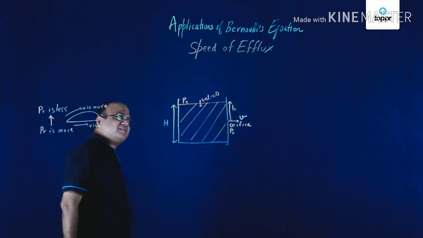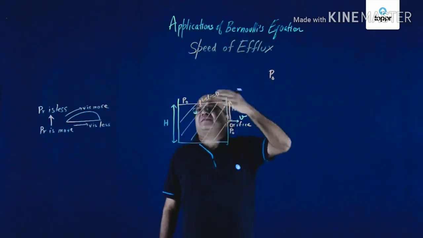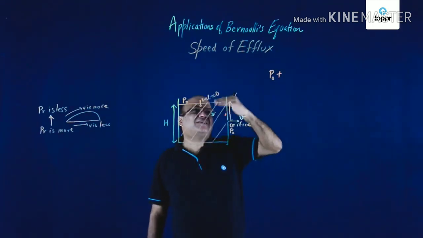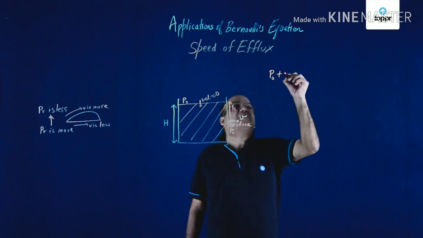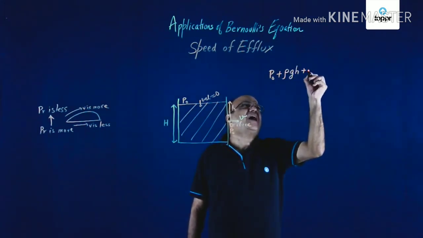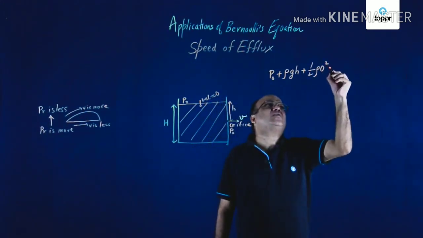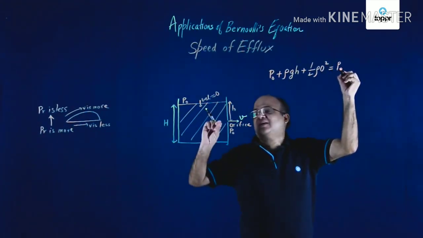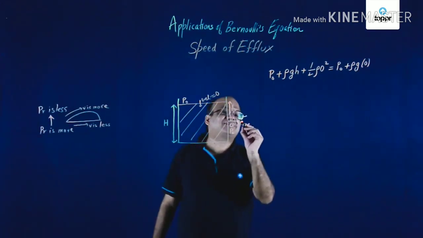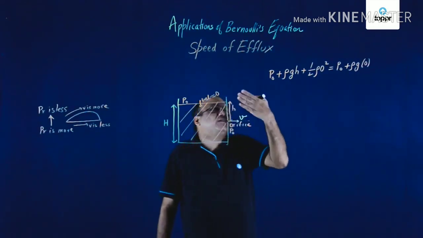If I apply Bernoulli's equation, P0 is the pressure there, plus height, which we measure from here because the height difference is important: P0 plus rho gh plus half rho times 0 squared, since velocity here is almost 0, equals P0 is the pressure here, plus rho g times 0, because this is our reference where height equals 0, plus half rho v squared.